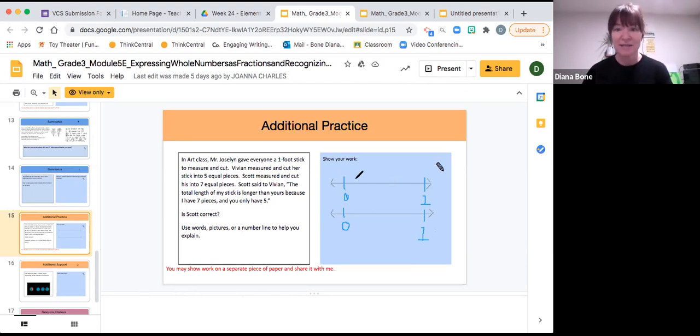So as Scott divides his up, 1, 2, 3, 4, 5, 6, 7 pieces, 7 sevenths, and Vivian divides hers into 1, 2, 3, 4, 5 pieces, 5/5. The first thing we can recognize is that they both have the same. If he uses his whole foot and she uses her whole foot, they both have the same.